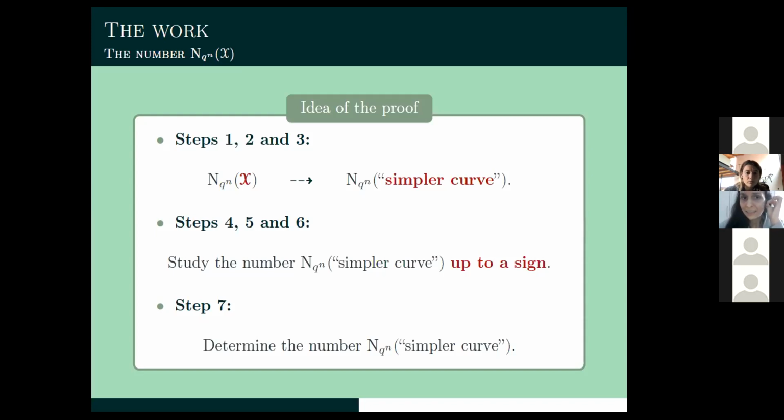And after that, we can actually compute this number of rational points in the simple curve, but up to a sign. And at the final step, we determine the sign in the previous expression. So in the first 3 steps, we consider the subfields of the elementary abelian extension.